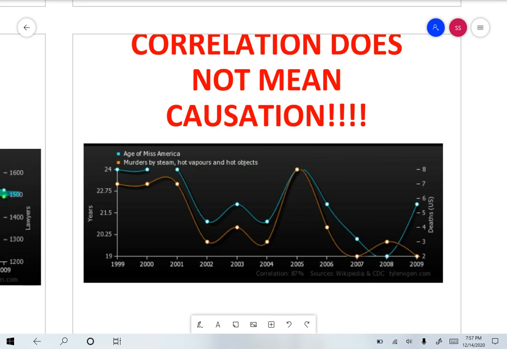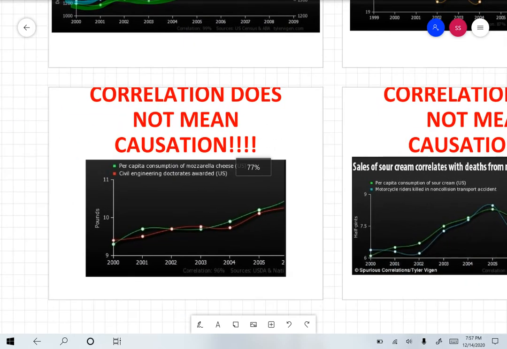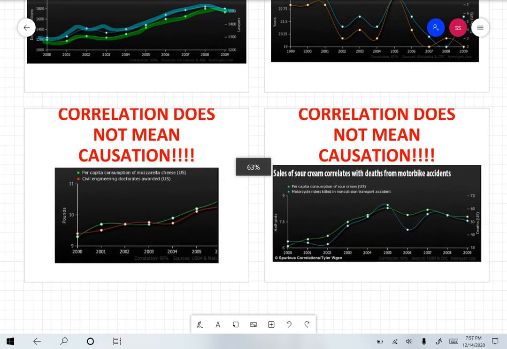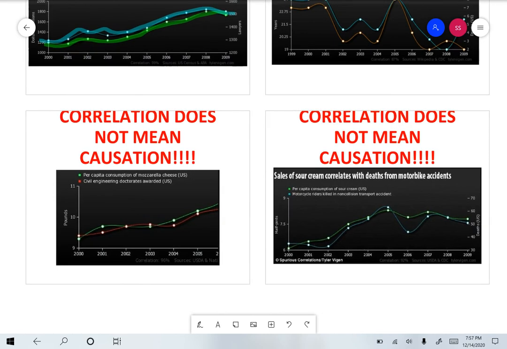But again, the age of Miss America would not cause more murders, or the murders would not cause the age of Miss America to go up or down. I'm going to get through these real quick. The number of civil engineering doctorates awarded would not in any way whatsoever cause more consumption of mozzarella cheese.